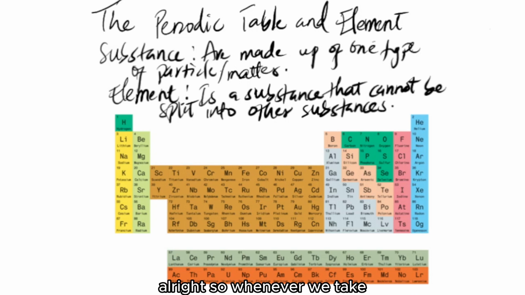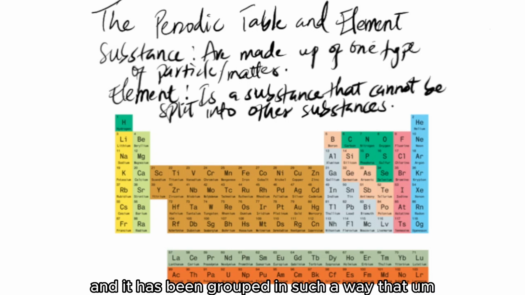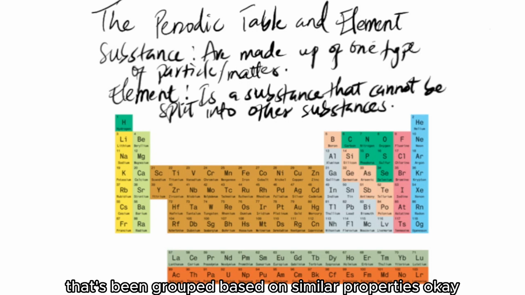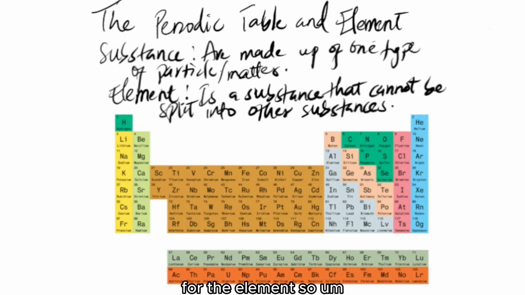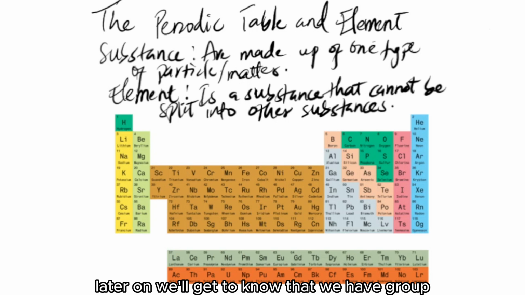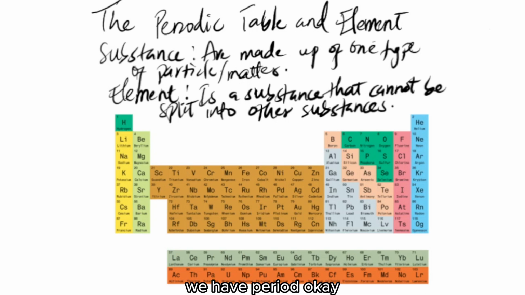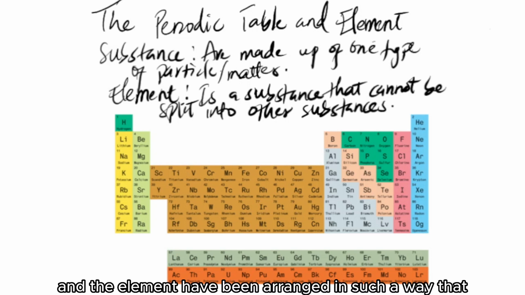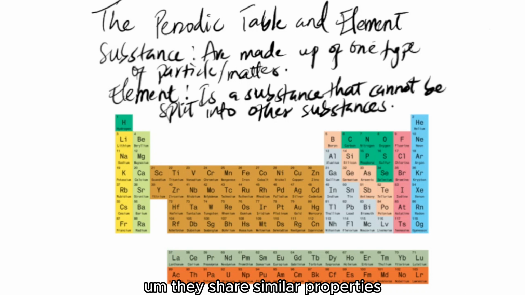It contains all the elements present in the world, and it has been grouped based on similar properties of the elements. Later on, we'll get to know that we have groups and periods, and the elements have been arranged in such a way that they share similar properties.